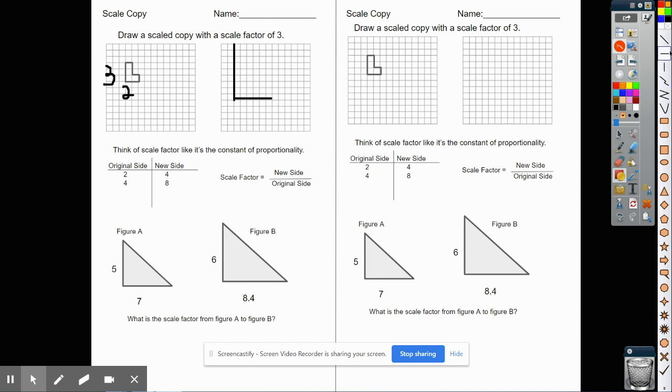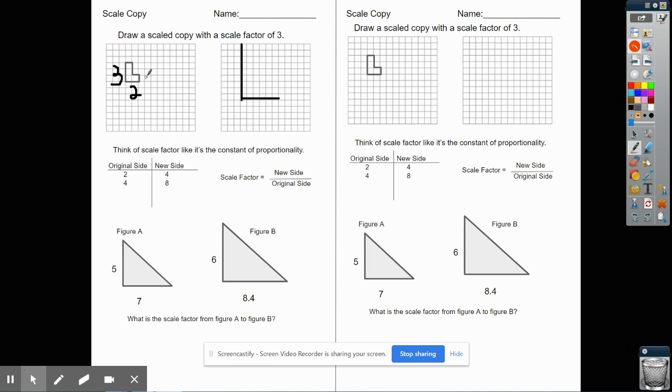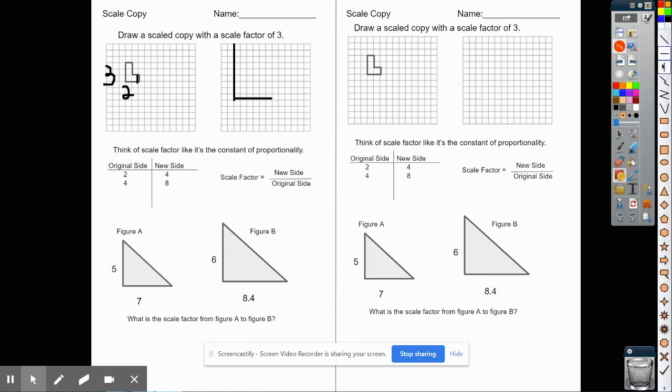Okay, now the next one, I got to go up 1. So 1 times 3, that means I'm actually going to go up 3. So 1, 2, 3. I'm going to stop right there.